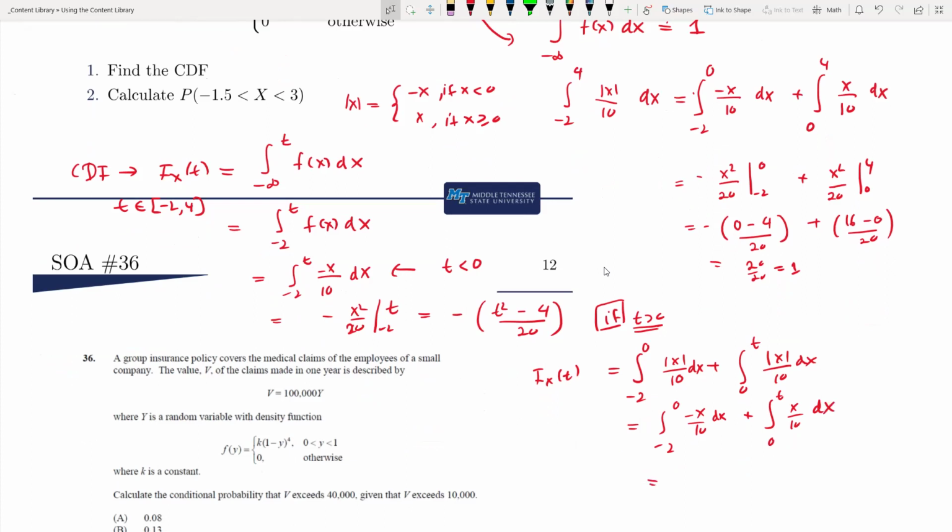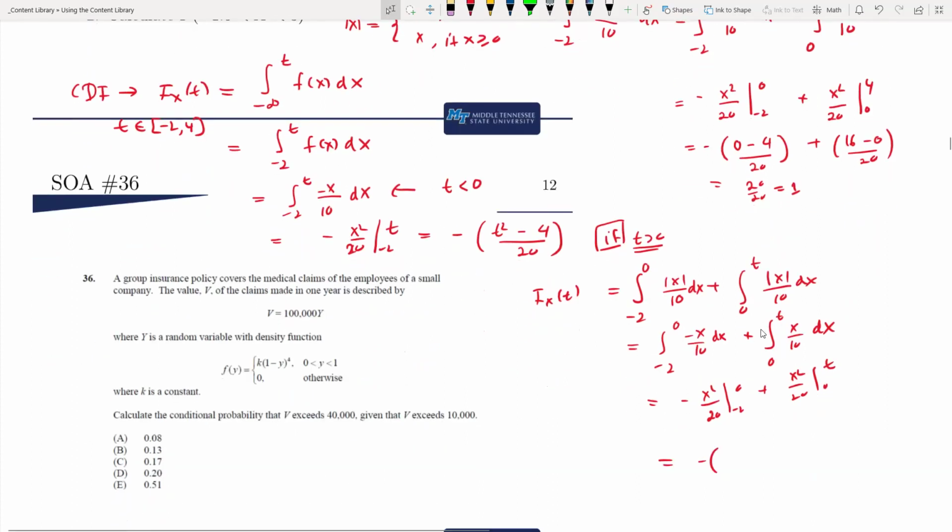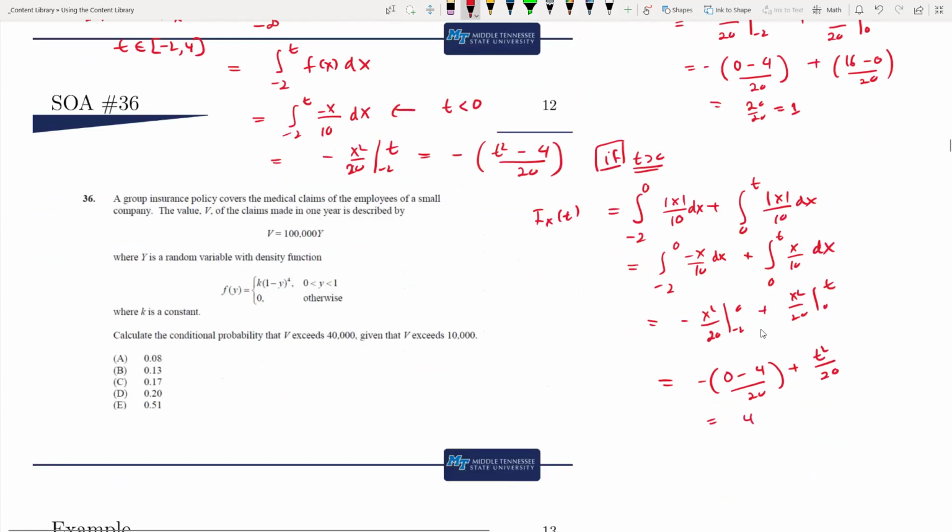So this would be negative x square over 20, and this would be x square over 20 from 0 to t. When you substitute, that would result in 0 minus 4 over 20, plus t square over 20. So that would be basically 4 over 20 plus t square over 20. So now we can write the answer.